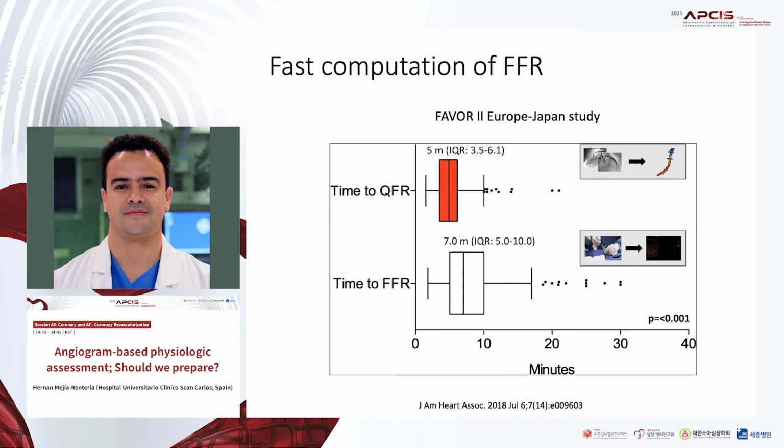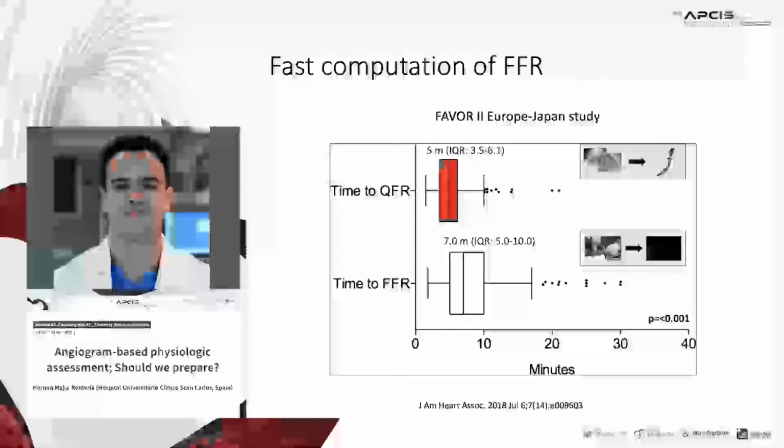You see how we can perform a fast functional angiogram-based evaluation of the coronary lesions; in the case that I showed you, it took less than 3 minutes to perform the QFR analysis. In the FAVOR2 international study, it has been demonstrated that in expert hands, the time to QFR analysis is around 5 minutes, which is significantly less time consuming compared to invasive FFR, which takes around 7 minutes.